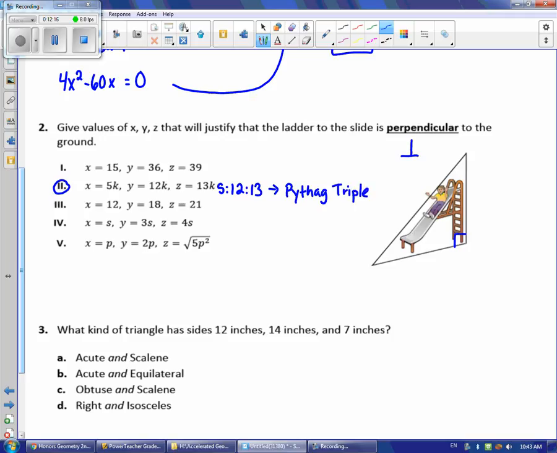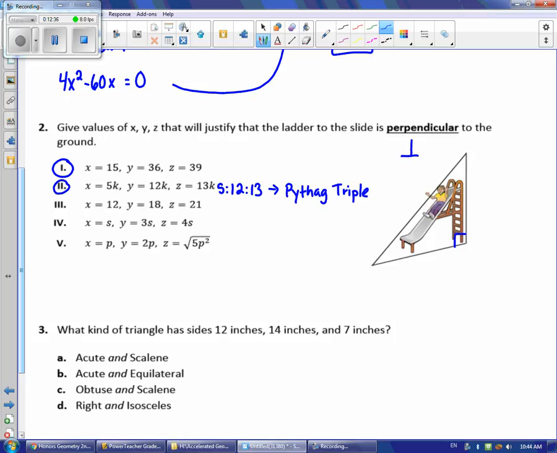Okay, if I look at number 1, if I did 15, 36, and 39, okay, all of those, if you do Pythagorean theorem, simplify, okay, and satisfy the equation. So number 1 would be an appropriate choice.